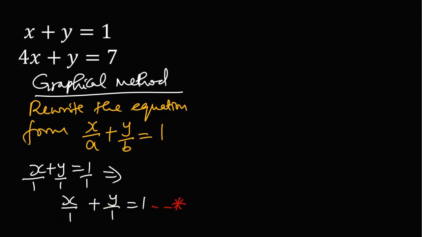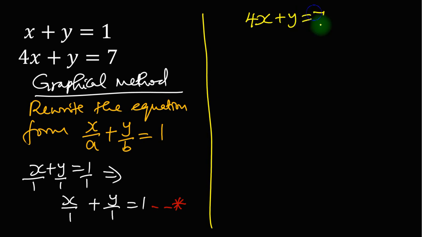Then the other equation, which is 4x plus y is equal to 7. We want to make the right hand side equal to 1, so divide through by 7. We shall end up getting 4x over 7 plus y over 7 is equal to 1.